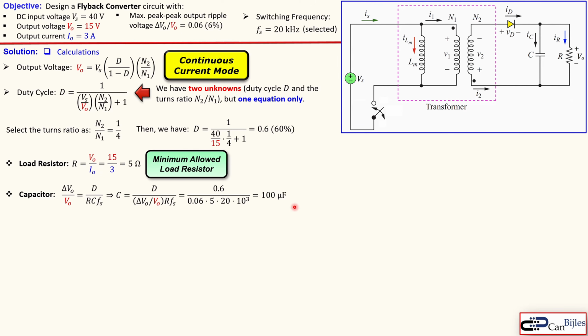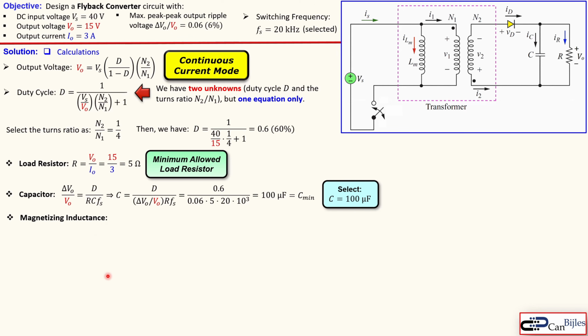That will result in 100 microfarads. This is also what we have as a minimum, so you can go above, so this could be 150 or 200 microfarads, it doesn't matter. This is the minimum you need for the peak-to-peak output ripple voltage. So we select just this as minimum value, 100 microfarad, and we proceed.